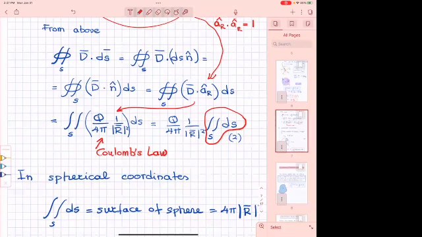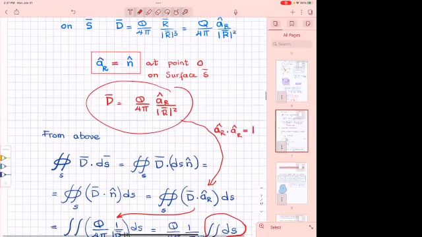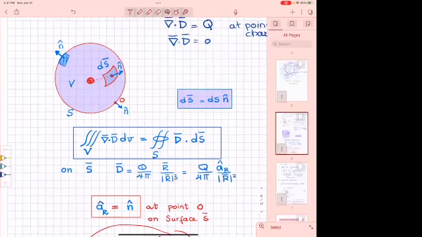You have a sphere, you have its surface. If you integrate this infinitesimally small surface that we have defined around all the surface of the sphere, what are you going to get? You're going to get the area of the surface of the sphere. Do you agree?